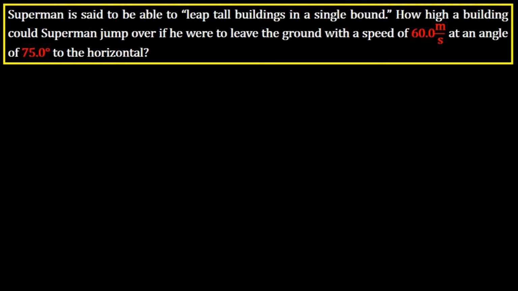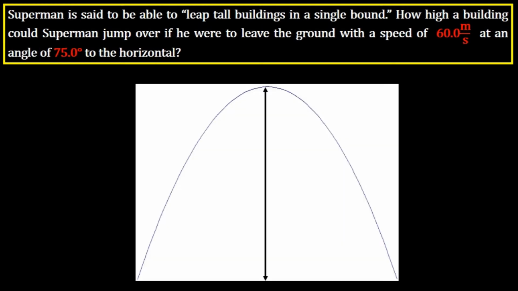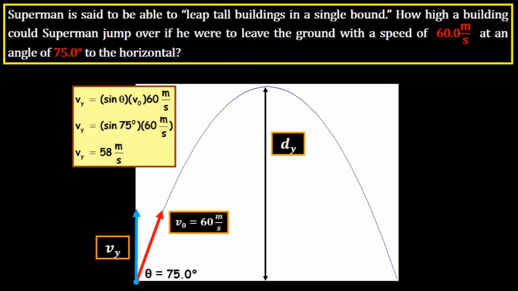Superman comic on television with George Reeves, a lot of fun. Well, that's the trajectory, that's dy. So I'm going to have to at least resolve the 75 degrees into vy, and then divide vy by 10 seconds, and then multiply that by, if it was falling from rest, 5.8 seconds.